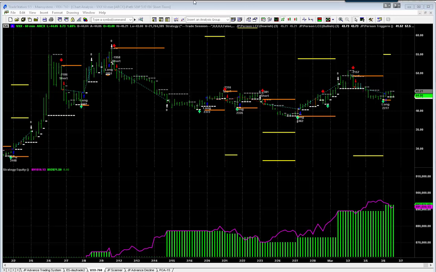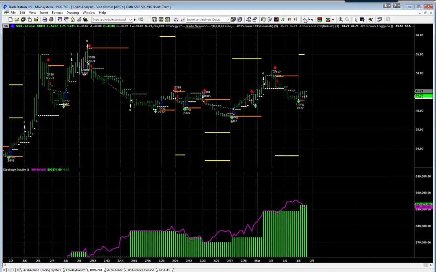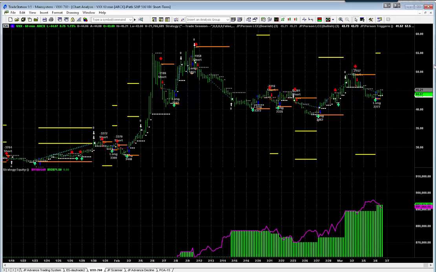And again, unlike the XIV, which is now gone away, this particular product unfortunately did go long before the big upside move or the crash that everyone talked about. The problem is that its trailing stop feature kicked in, and when the market continued to go up, the risk per trade settings would not allow it to get back in on the long side.